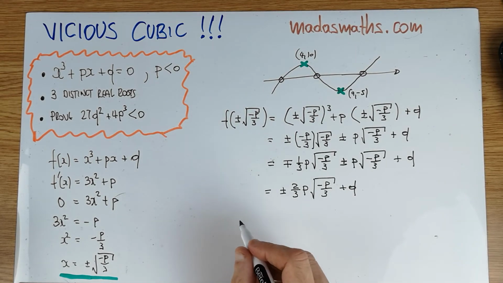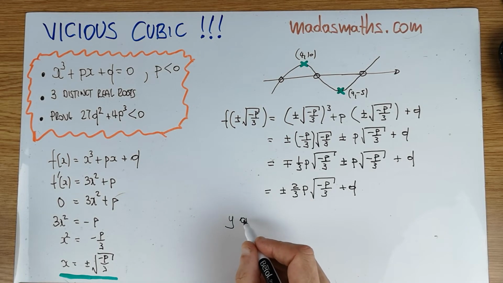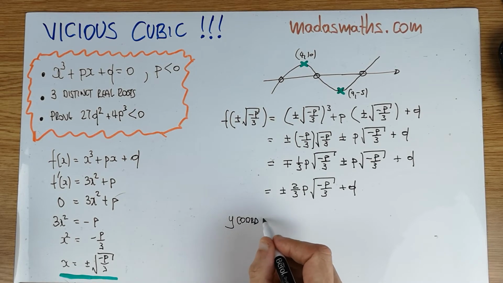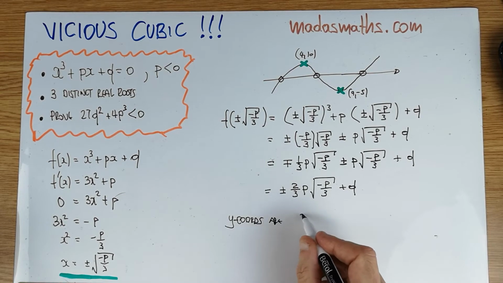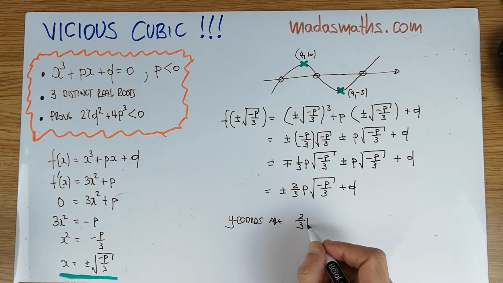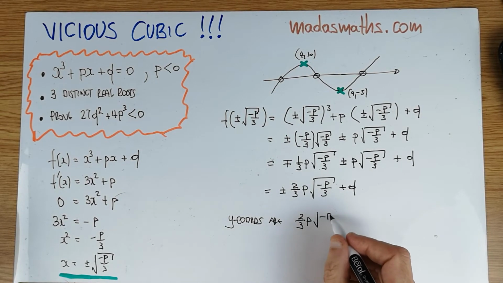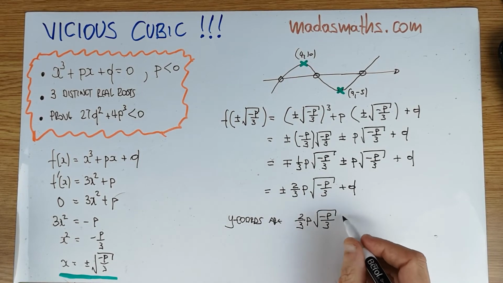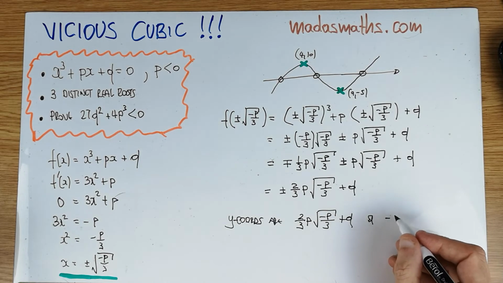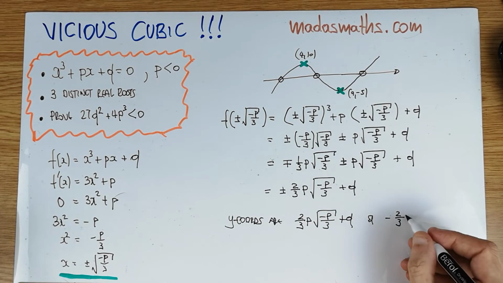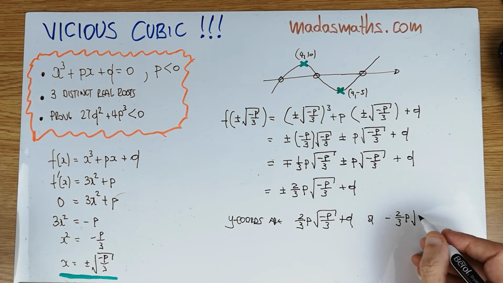All I want to put is, of course, that the y coords, which are stationary, of course, 2/3 p, and of course the other one is going to be exactly the same, but with a minus at the front.